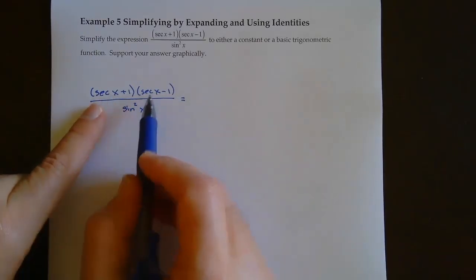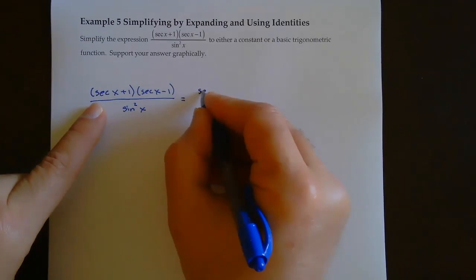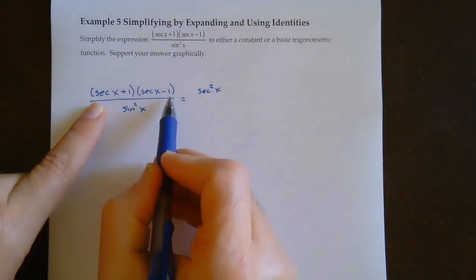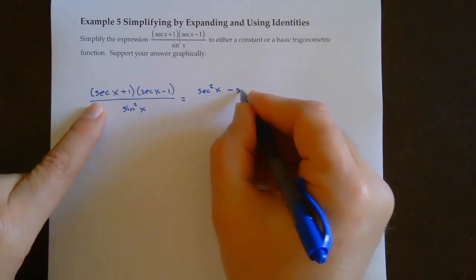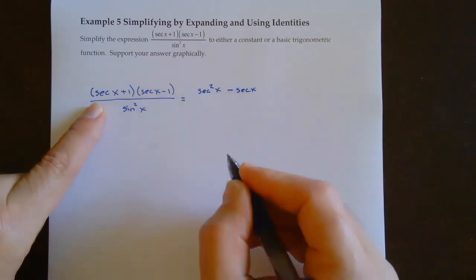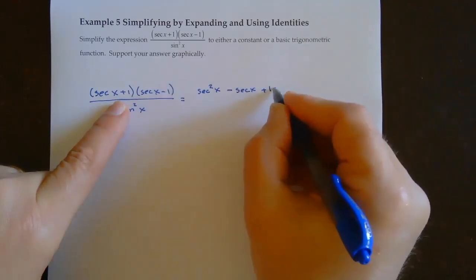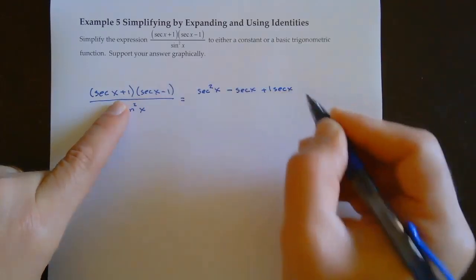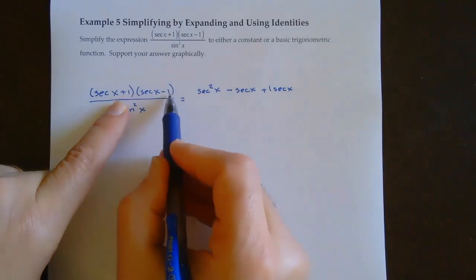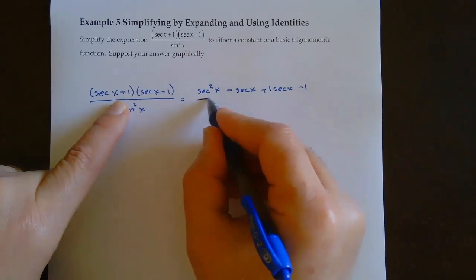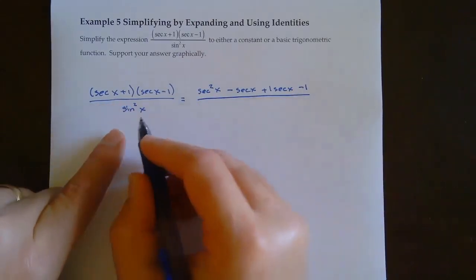So secant x times secant x would be secant squared x. And then secant x times -1, that'd be negative secant x. And then positive 1 times secant x is plus 1 secant x. And then positive 1 times -1, and that'd be -1, over sine squared x.